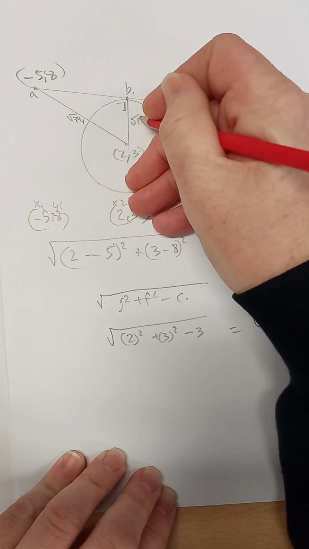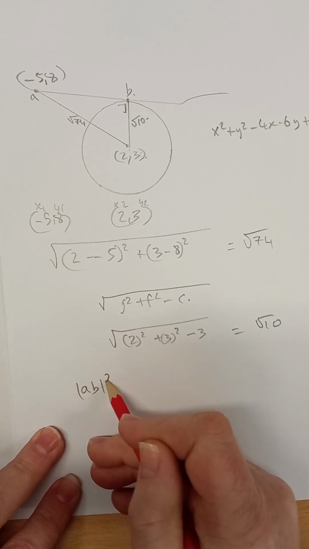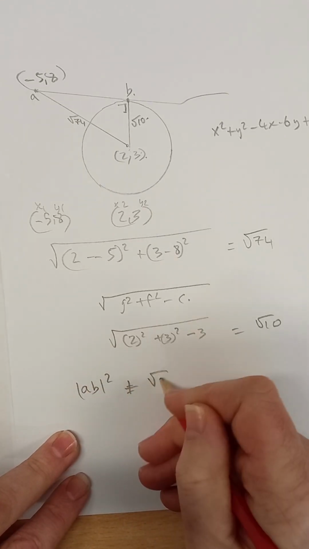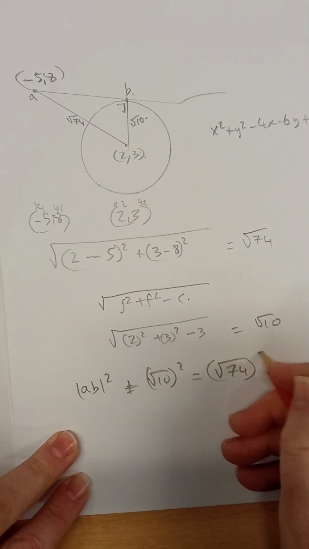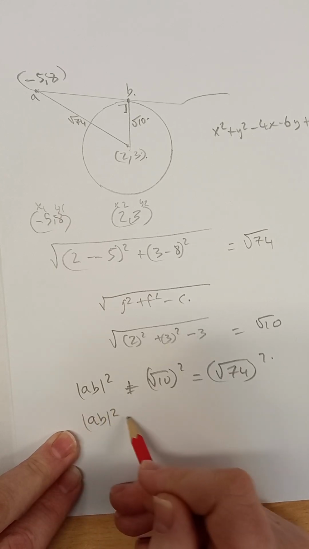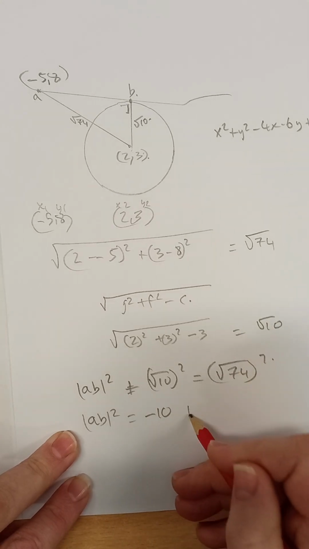So Pythagoras says that AB squared plus root 10 squared should be equal to root 74 squared. So that means that AB squared is equal to 74 minus 10.